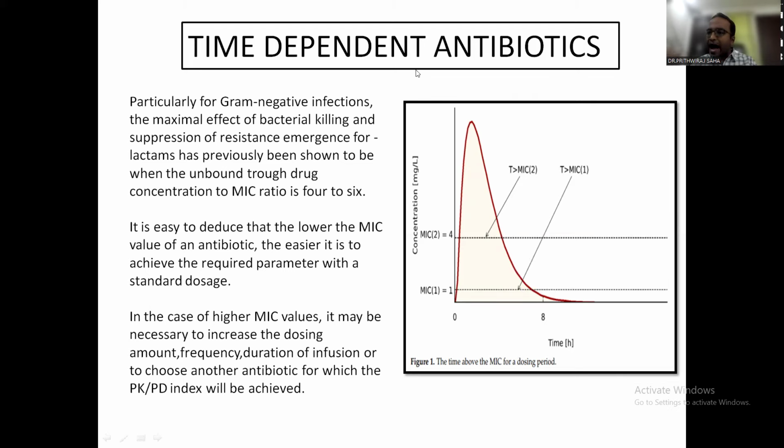To make a high peak, we need to increase the dose, and to have a gradual downslope, we need to make it a continuous infusion. So there comes the role. If the organisms have a higher MIC, which is very common in India, you need a continuous infusion.